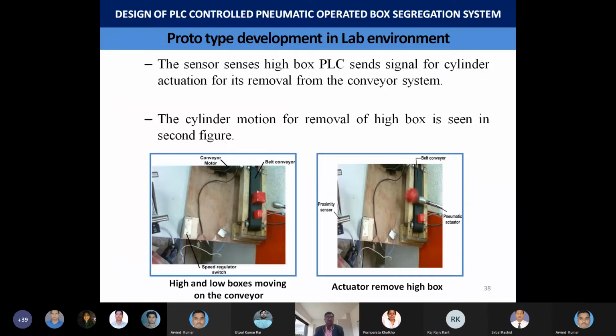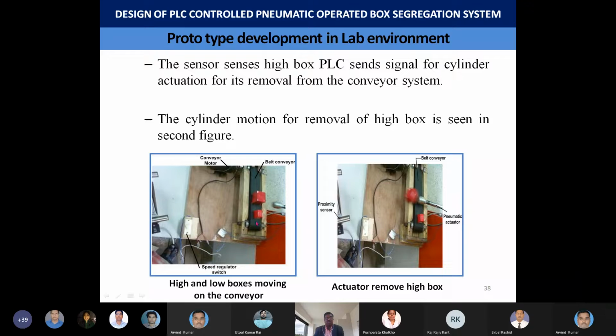This is the physical model that we have developed. You can see this is the proximity sensor, this is the conveyor system, and here high and low boxes are there, and here is the linear actuator system. When the high box comes into the system, the sensor senses it.